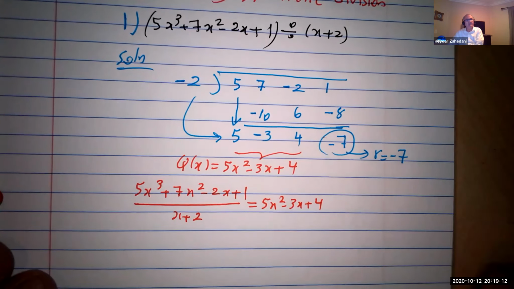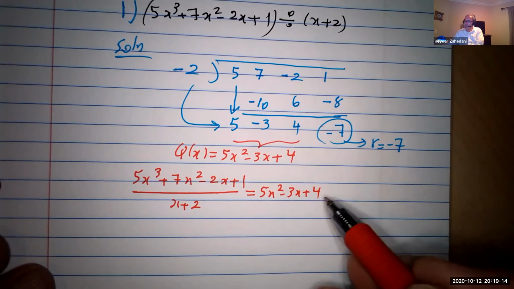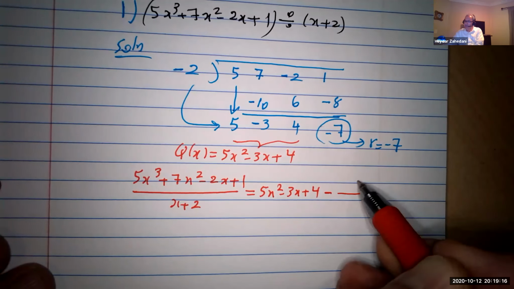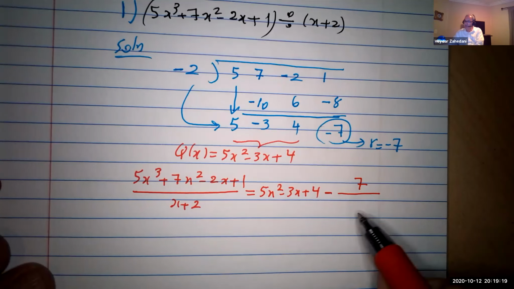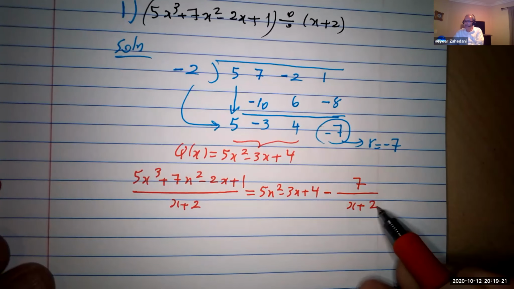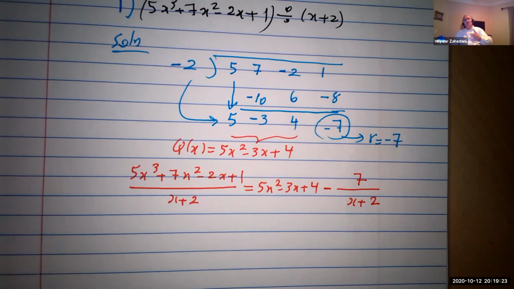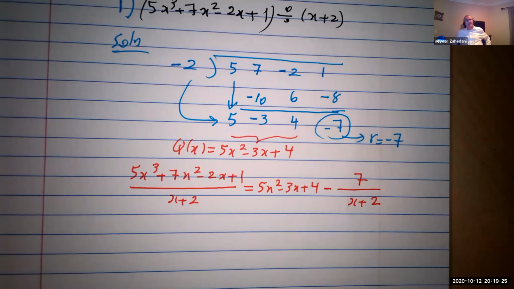The leftover is going to be negative 7. So we can write it as negative 7 on top of x plus 2. It's not going to be good for this section that we are interested in. It's not divisible, but we keep it. Okay, that's type 1. Any question?